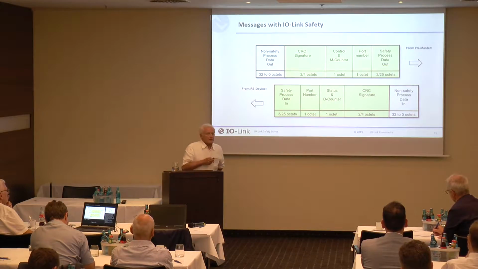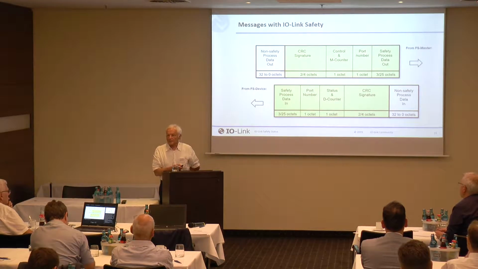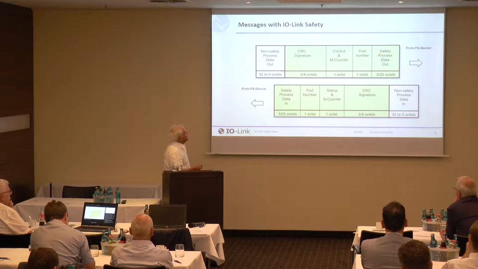Okay, this is the first answer to the IO-Link wireless question. Normally, for safety protocols, besides your safety data, you have some safety code. In our case, these are at minimum 4 octets, 4 bytes, for process data up to 3 octets.